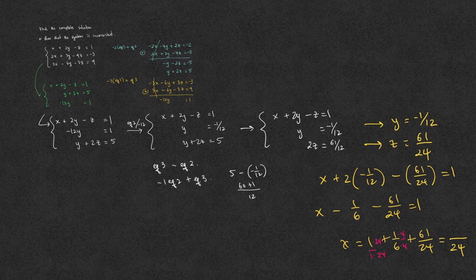The numerator is 24 plus 4, which is 28. 28 plus 61 is 89. The solution of the given system of equations is therefore an ordered triplet with x equals 89 over 24, y equals negative 1 over 12, and z equals 61 over 24.